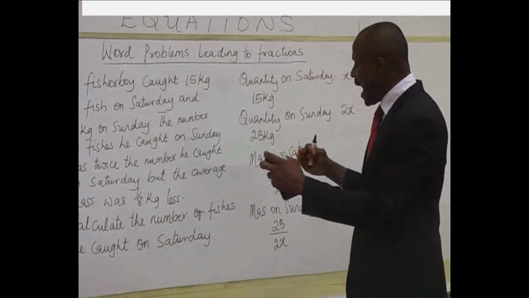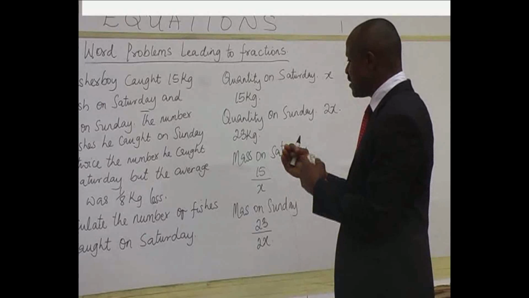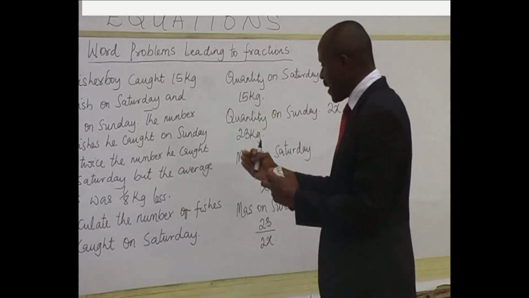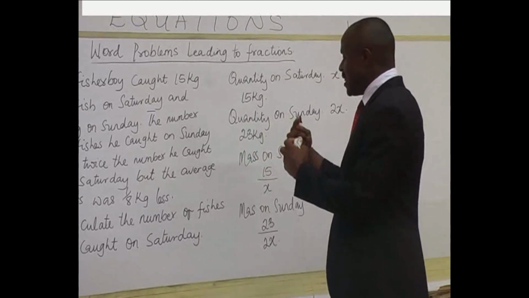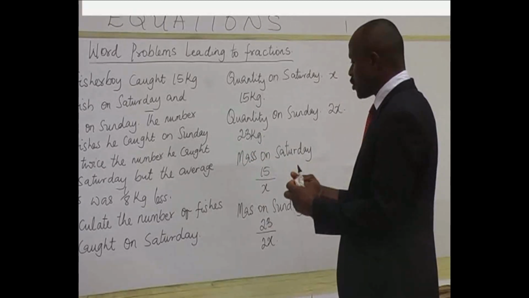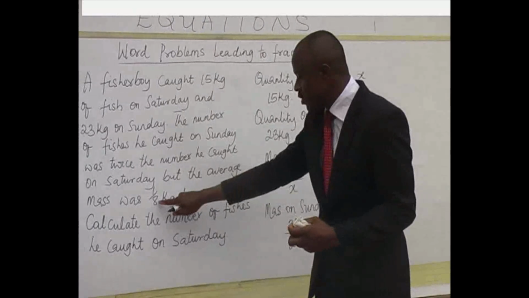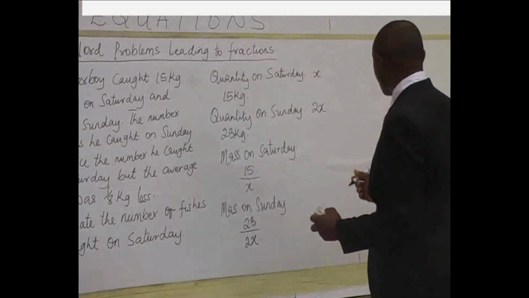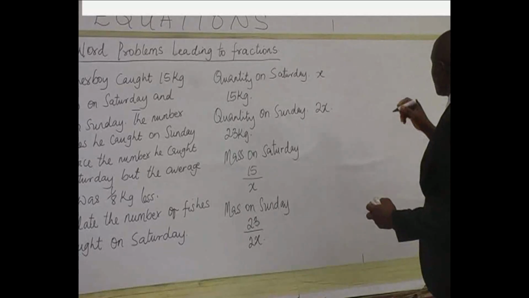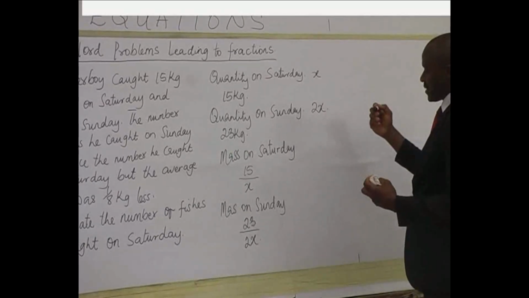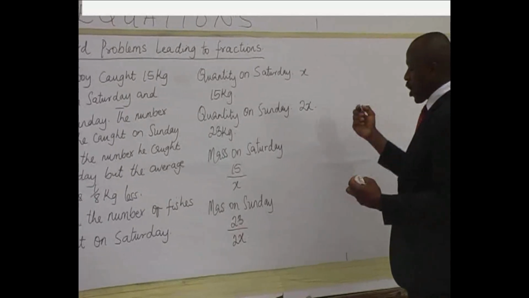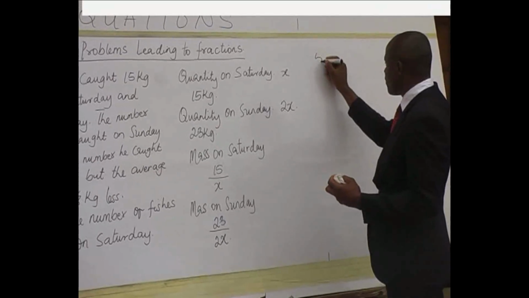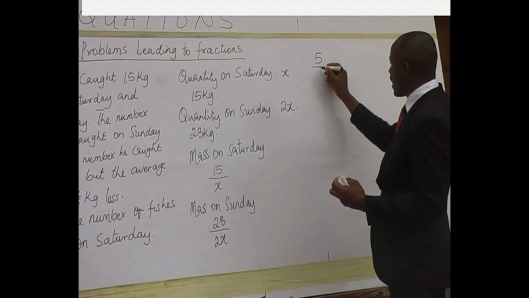That means the average mass of fish caught on Saturday minus the average mass of fish caught on Sunday is 1/8 kilograms. That gives us the average mass caught on Saturday, which is 15 all over X.